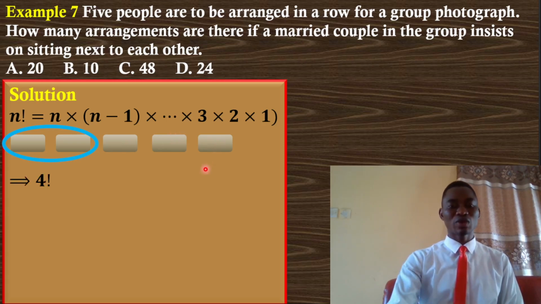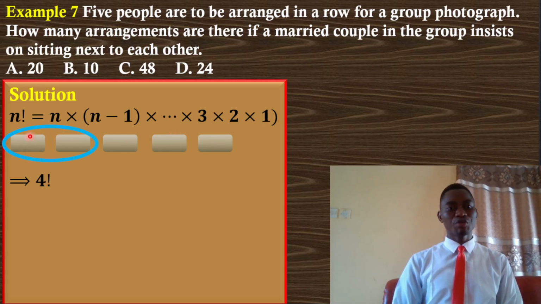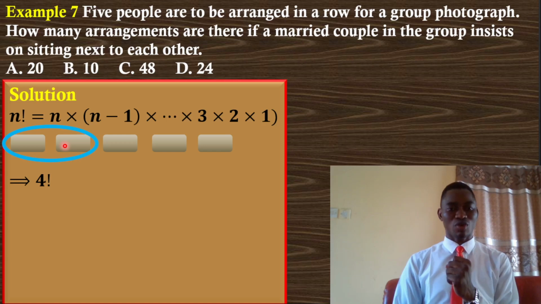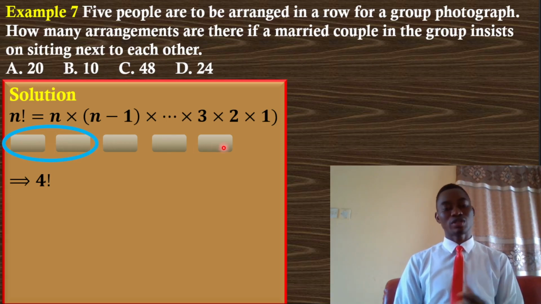So what we have here is 4 factorial. Because the couple are sitting next to each other, the two seats can be seen as a collection. So there are 4 factorial ways this can be done.